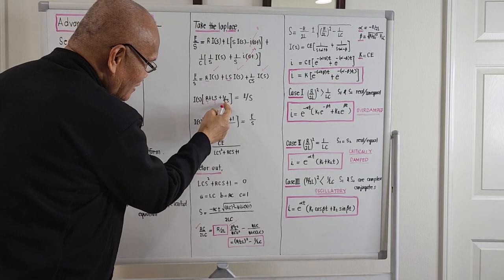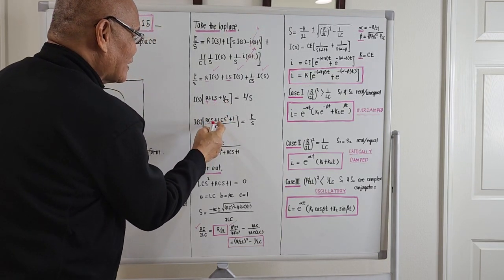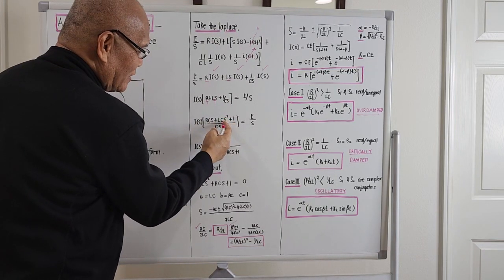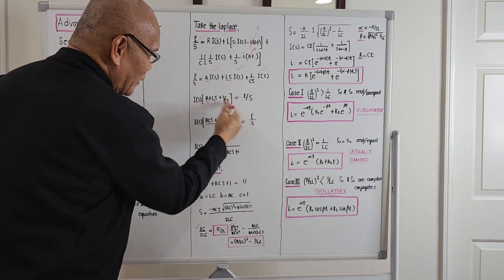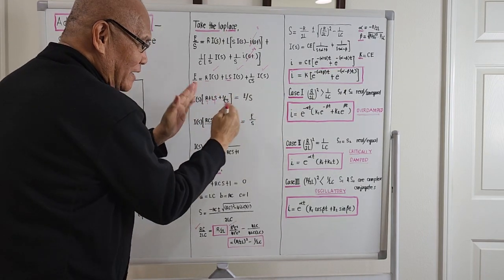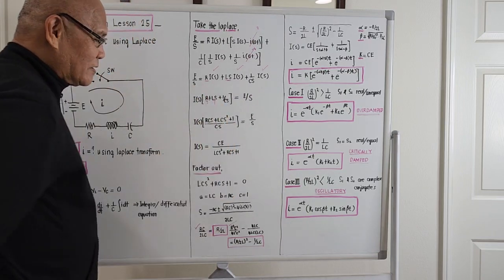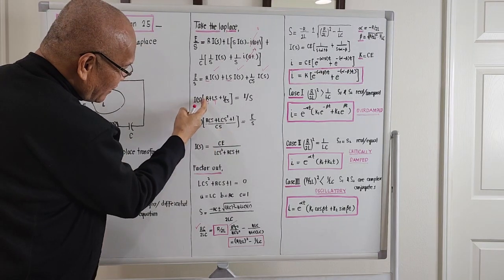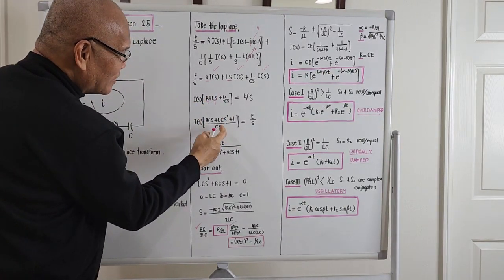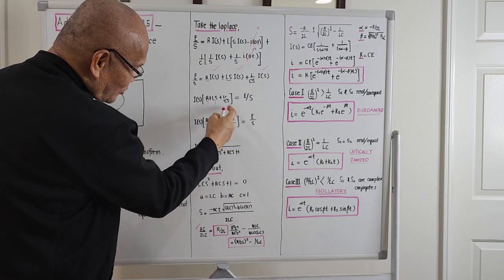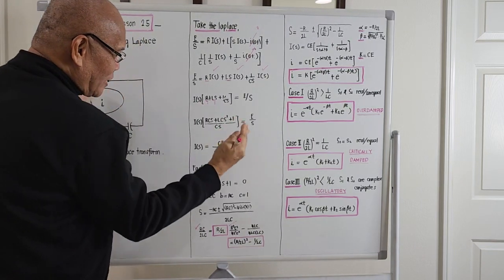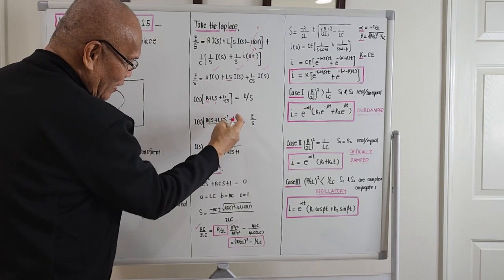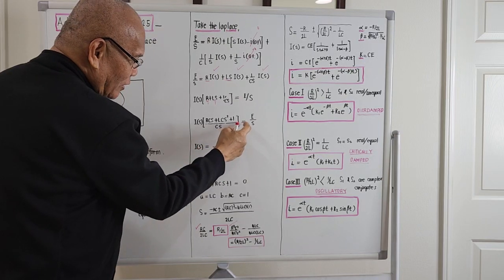LS times CS will be LCS squared, plus 1, all over CS, combining the three terms inside. If we simplify, RCS divided by CS is actually R, and LCS squared divided by CS is simply S. But we could compress this as RCS plus LCS squared plus 1 all over CS, and this should be equal to E over S.